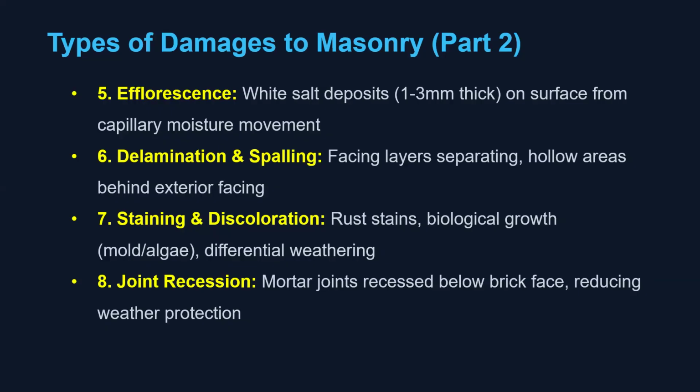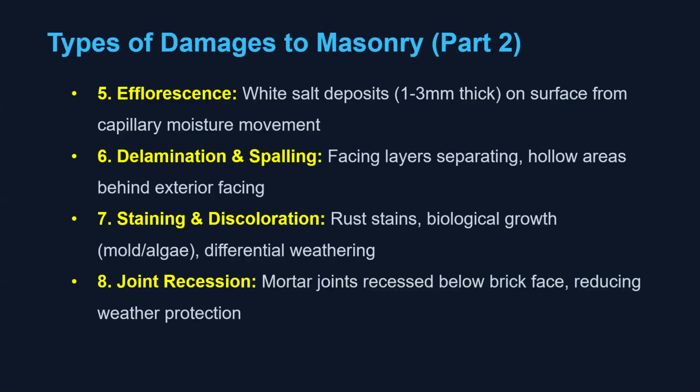For example, this white deposit may go up to 1 to 3 mm thick. So proper maintenance is very important to avoid efflorescence. Then spalling. The facing layer separates, leaving hollow areas behind the exterior facing, which leads to spalling in the structure.